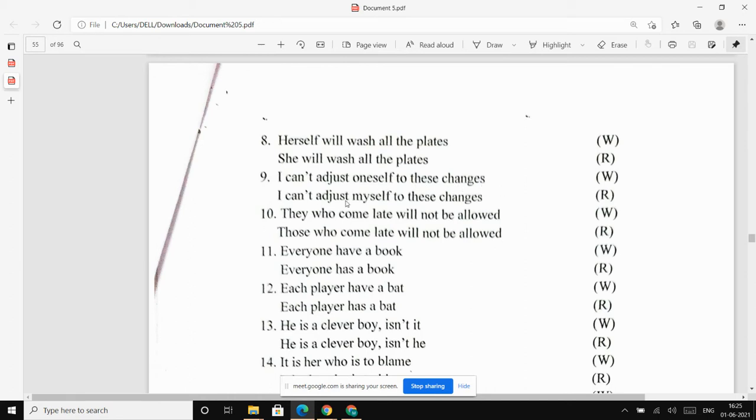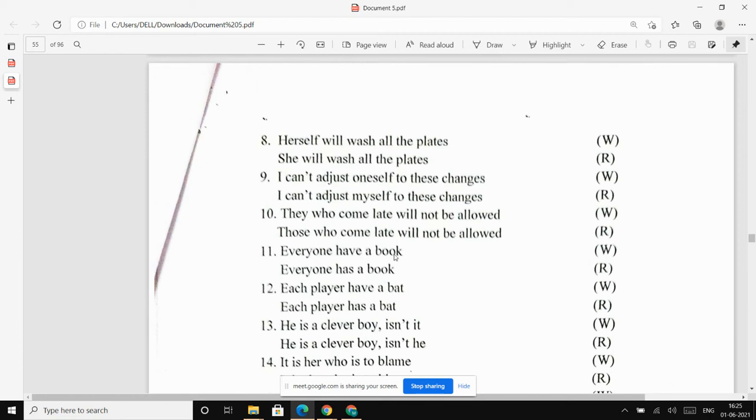So I can't adjust myself is the right sentence. Here reflexive pronoun: for I it is myself, for one oneself, like that they themselves, he himself, she herself, like that. They who come late will not be allowed. See here, those who come late will not be allowed is the right sentence here. Instead of they we have to use those.